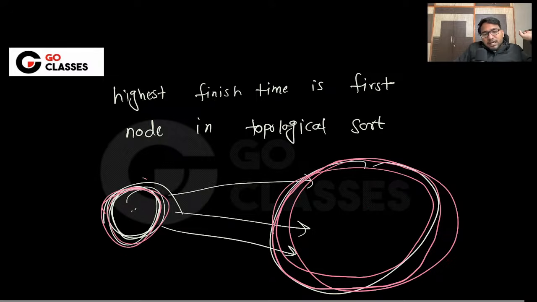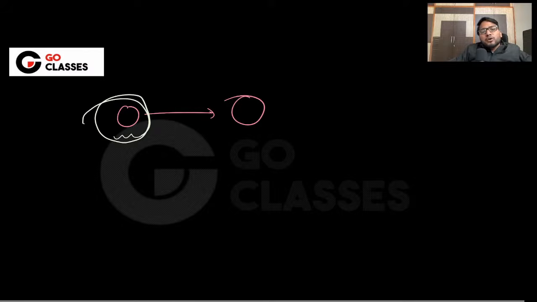So if I'm finishing last, it means there is no dependent on me. The dependents finished earlier, right? So if that is the edge, then this will finish later. Whatever is finishing later is basically the first node in the topological sort.